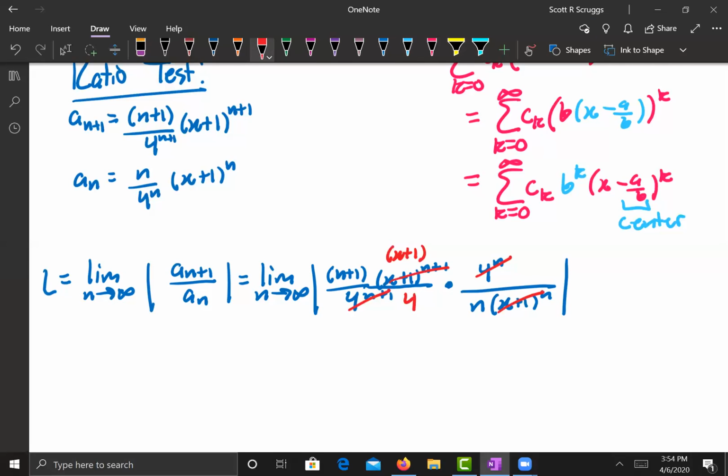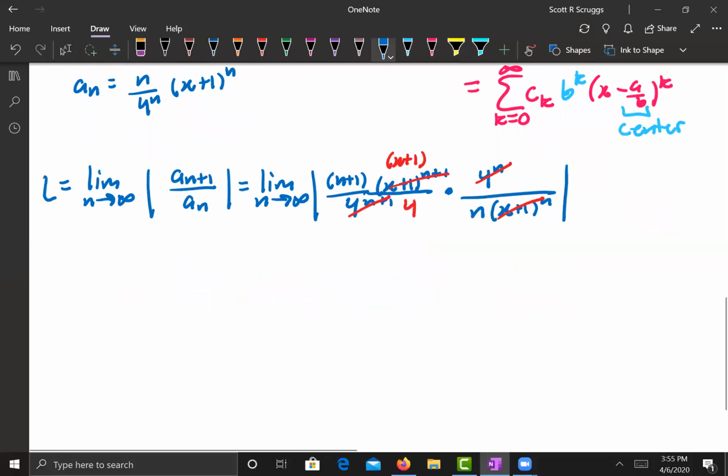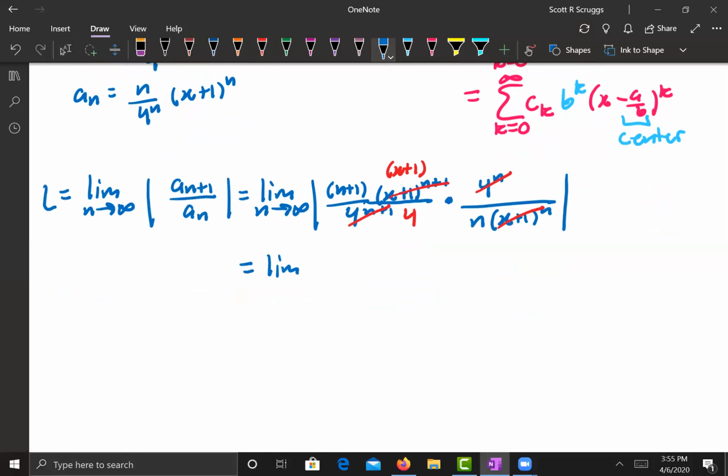And I cannot simplify that n plus 1 and that n because they're not the same expression. So let's clean this up a little bit. That means after canceling, I have the limit as n goes to infinity of (x plus 1) over 4 times (n plus 1) over n.